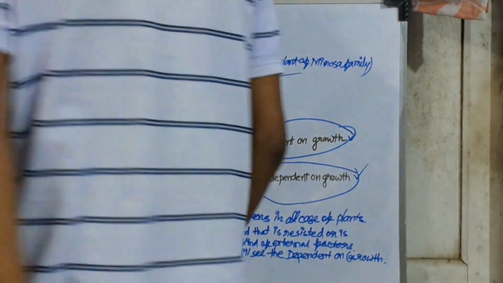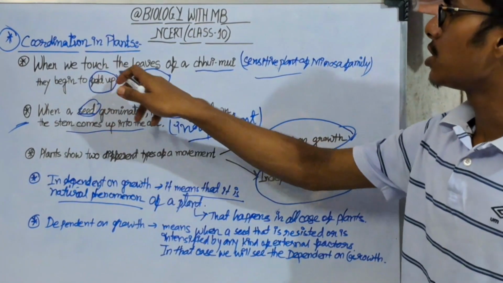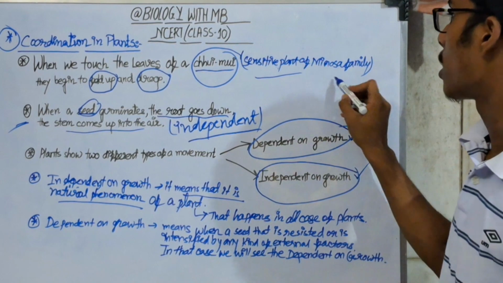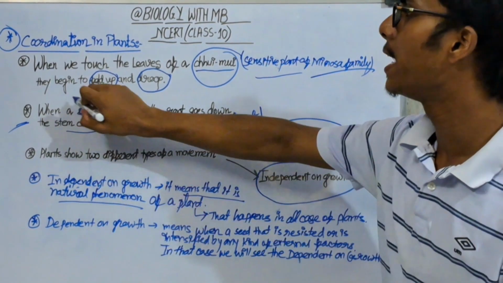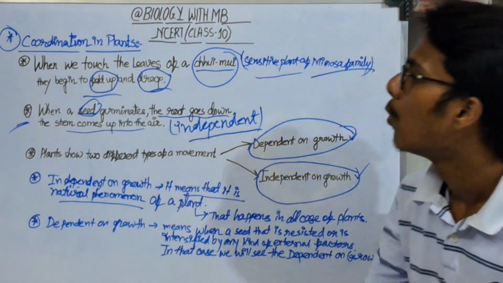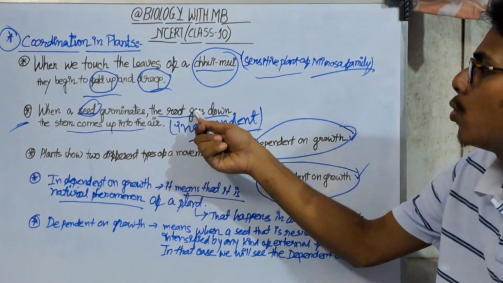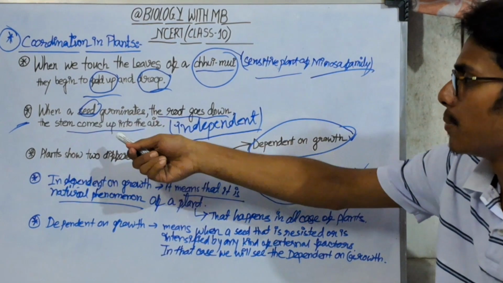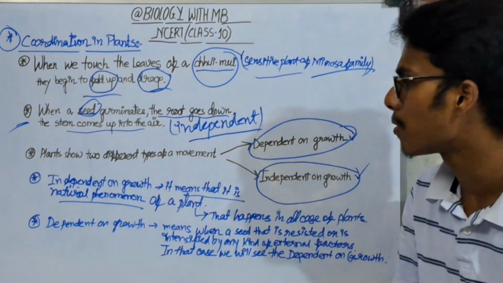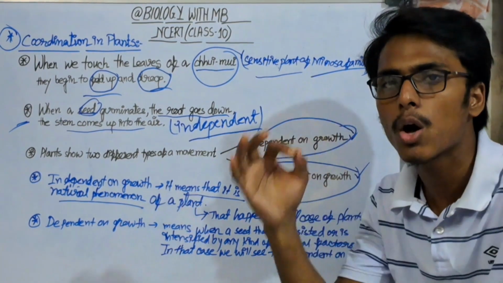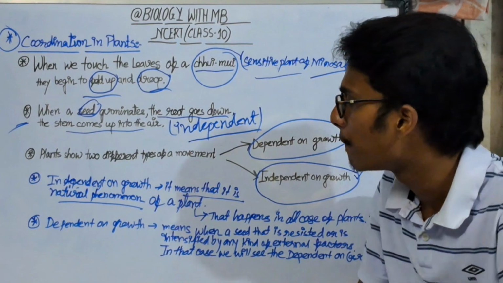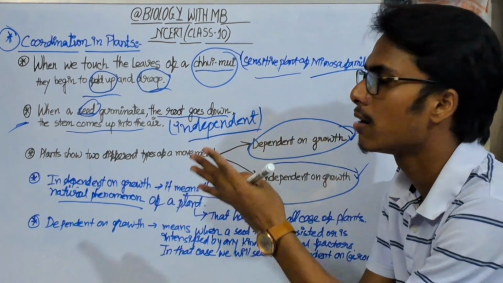Now we will first see, when we touch the leaves of a touch-me-not, what is it? A sensitive plant of the mimosa family. They begin to fold up and droop. And second, when a seed germinates, the root goes down and the stem comes up into the air. It's an independent phenomenon, a natural phenomenon of a plant. It is not affected by any external factor.